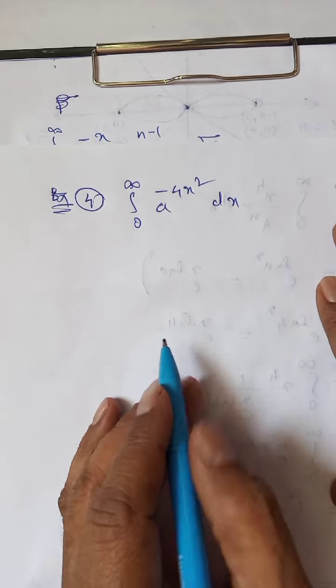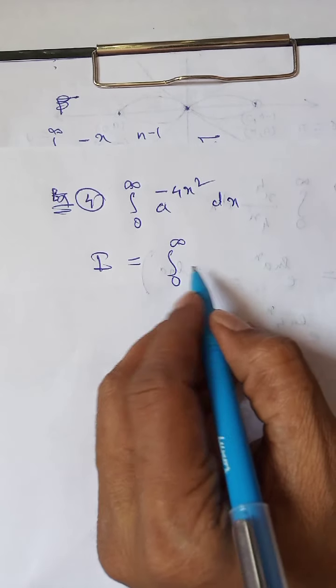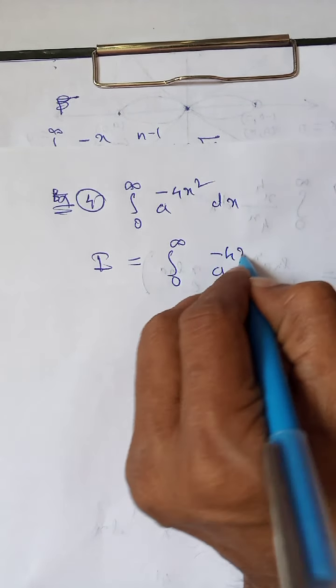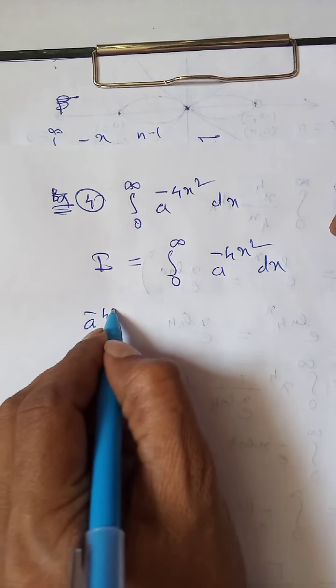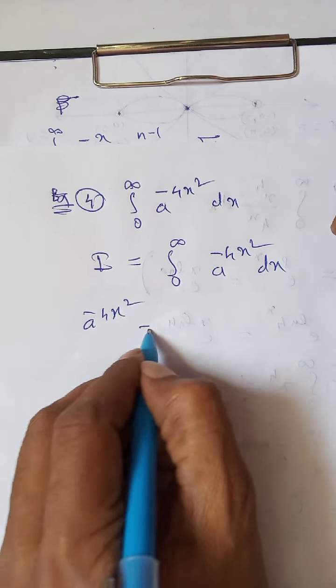See, this exponential function, we'll write it in the form of e first. So let I be the integration from 0 to infinity a to the power minus 4x square dx. So see, this a to the power minus 4x square can be written as e to the power ln of a to the power minus 4x square, that is e to the power minus 4x square into ln a.